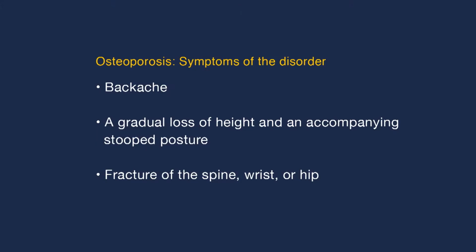A person is often not aware about osteoporosis until a fracture occurs. But there are occasionally symptoms of the disorder, and they are backache, a gradual loss of height and an accompanying stooped posture, fracture of the spine, wrist or hip.